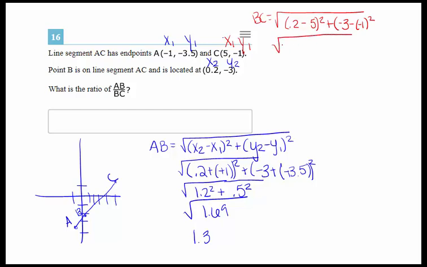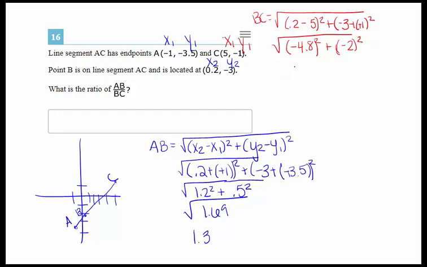We simplify. 2 minus 5 would be -3, plus, remember we have a double negative here, so it's really negative 3 plus 1, so we have a negative 2 here, squared.